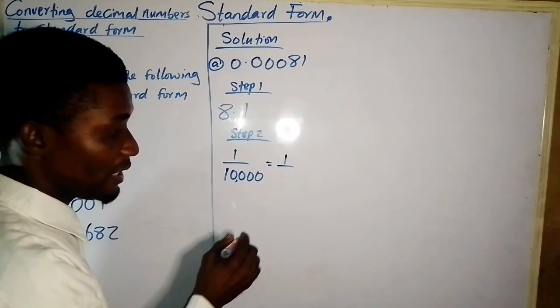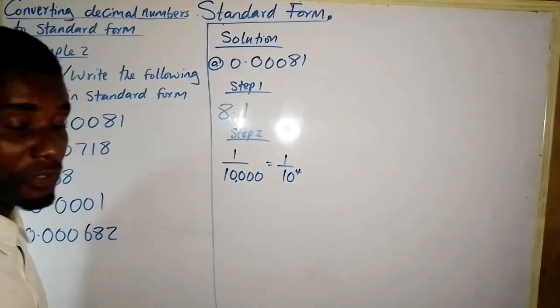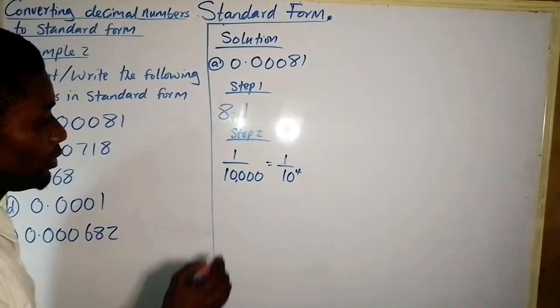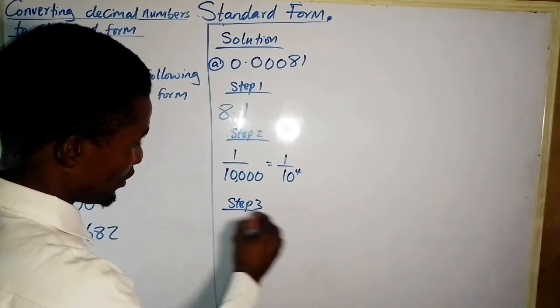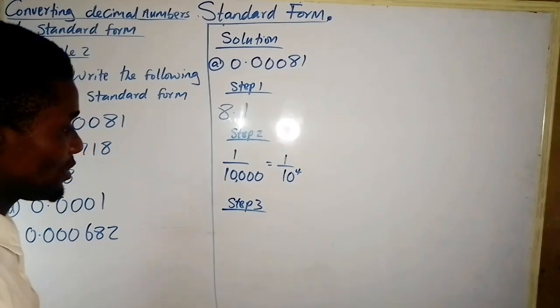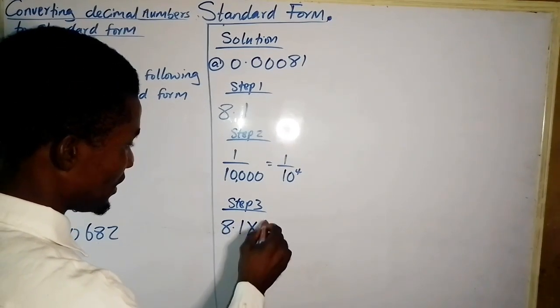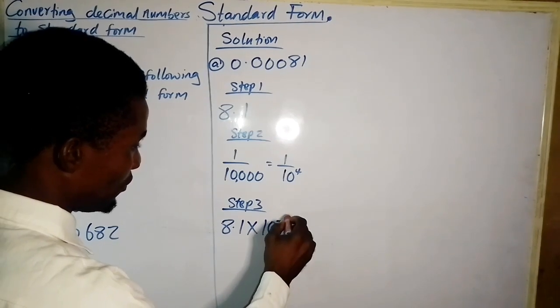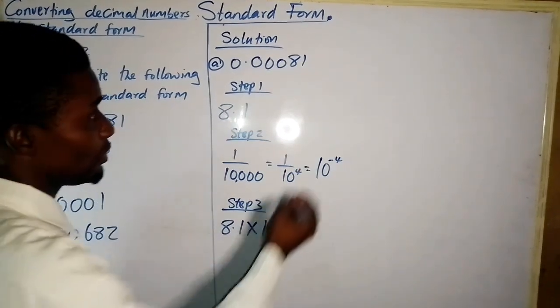And this can also be expressed as 1 over 10 raised to power 4. Now, step 3 is to write our answer in standard form. So this will be 8.1 times 10 raised to power minus 4. That is 10 raised to power minus 4.